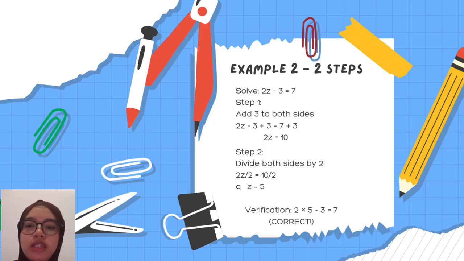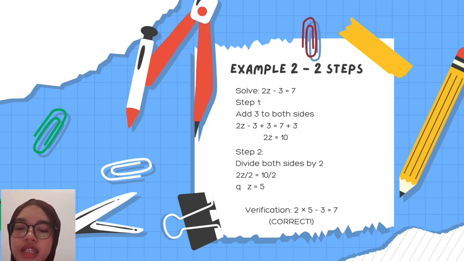Step 2, divide both sides by 2. 2z over 2 equals 10 over 2, and the answer is z equals 5.